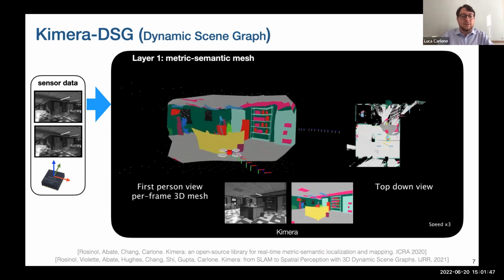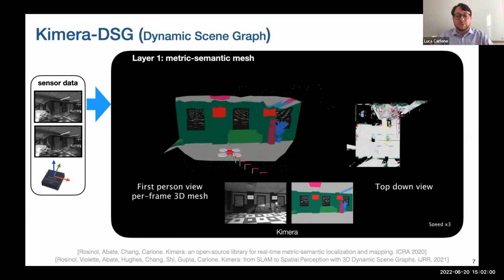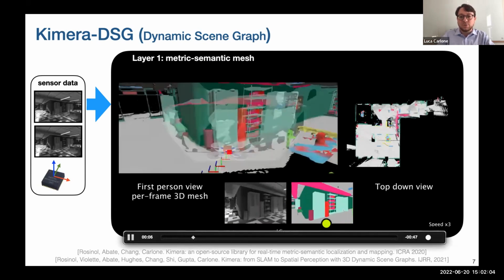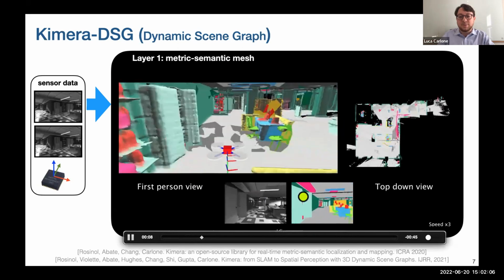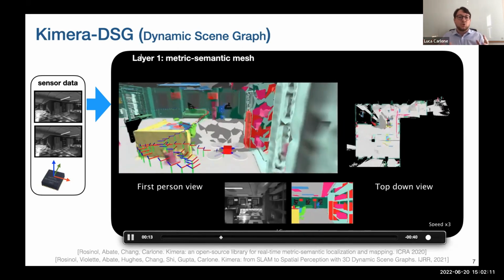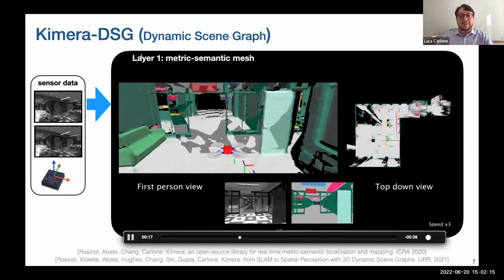Kimera-DSG takes input data from just a standard camera and inertial sensors, and builds layer 1, which is the metric semantic mesh, using Kimera, an open source library that we proposed. This library takes camera images and 2D semantic segmentations, and in real time transforms these camera images into a 3D metric semantic mesh, which is a 3D model where each face of the mesh is color-coded by a semantic label.